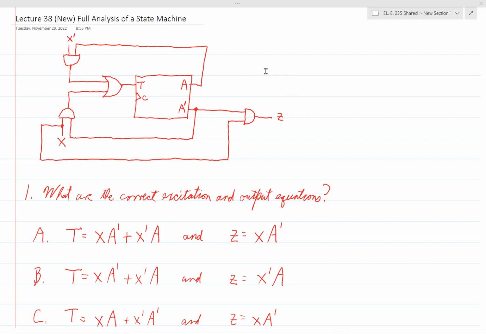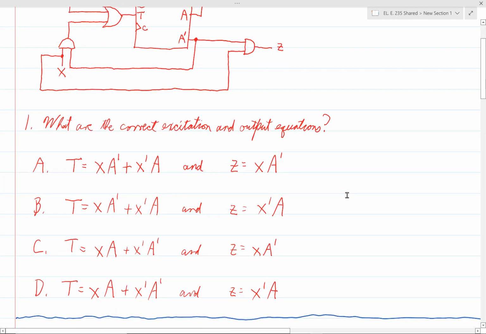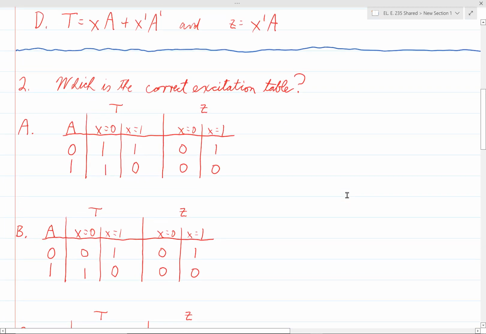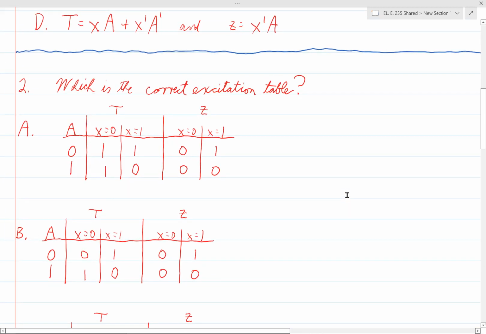Here we have a very simple state machine with a T flip-flop, and we have an input X. Here is X prime, and here is our output Z, and you can see the circuit. What you are asked in the test is, what are the correct excitation and output equations? And you have 4 choices. Then for number 2, which is the correct excitation table?